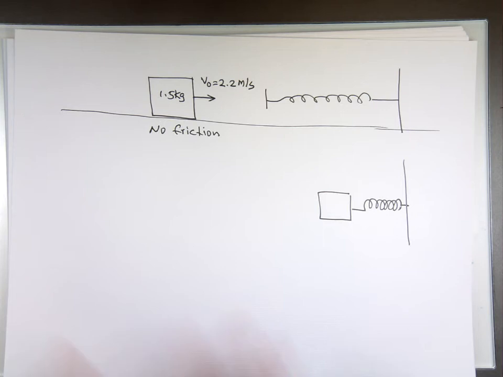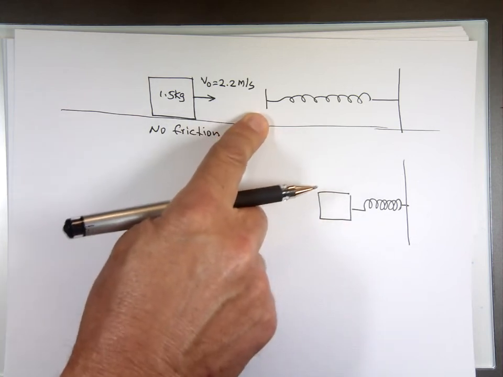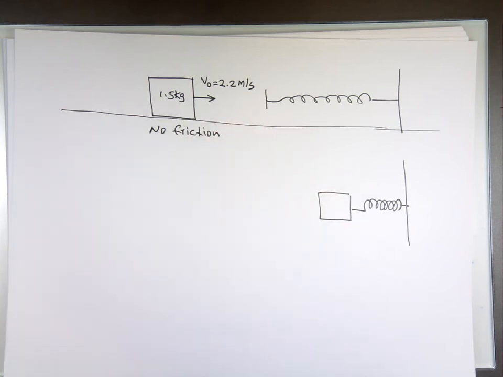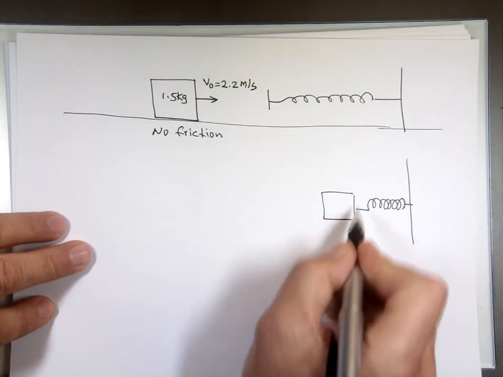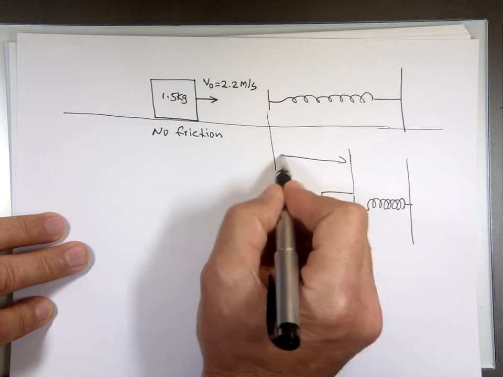I'm going to look at that instant, right there. The block comes in contact with the spring right here. Compressed how far? A little bit. I don't know how much we compressed it. We went from here to here. That distance is unknown.